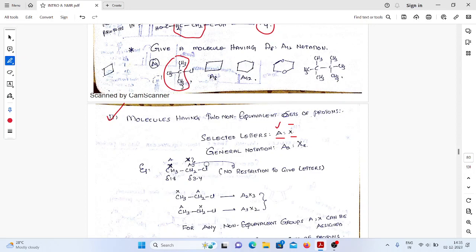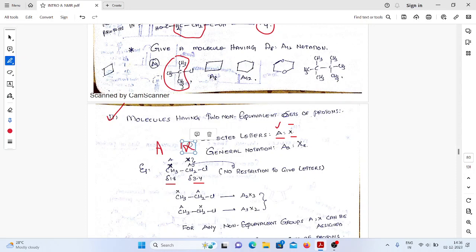Because of the more influence of the chlorine on the first carbon, these protons' chemical shift values are higher because of more electronegativity. These protons' chemical shift values are lesser. See, this is 3.4 and this is 1.4. So the difference between these two chemical shift values is higher or not.